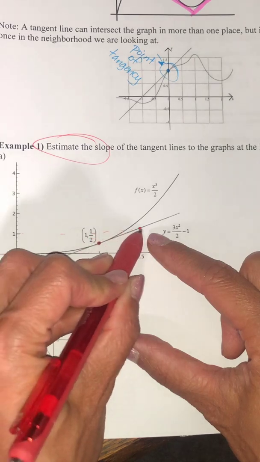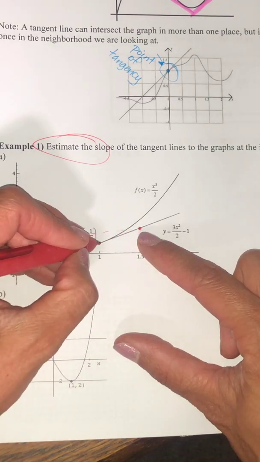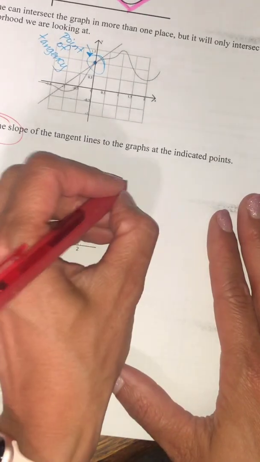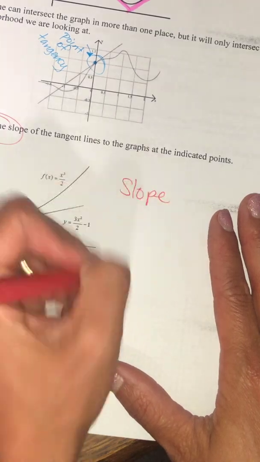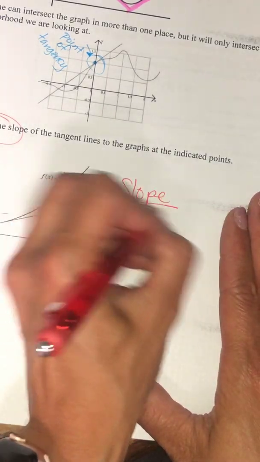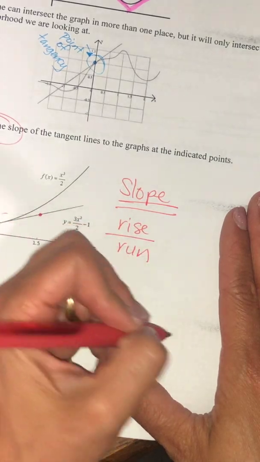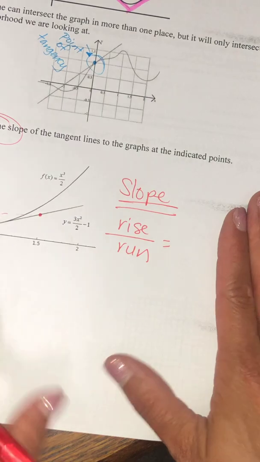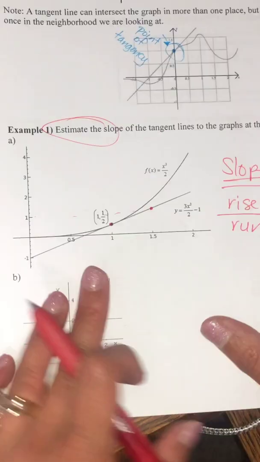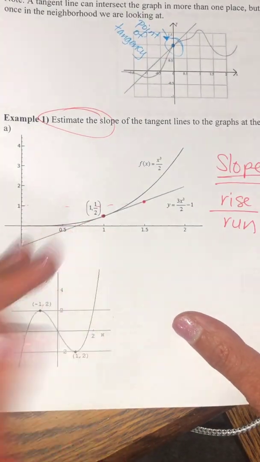So if I figure out the slope, remember some things about slope. Slope is the same as the rise over the run. The m in y equals mx plus b. But when we have a graph, we could totally just count the rise over the run.